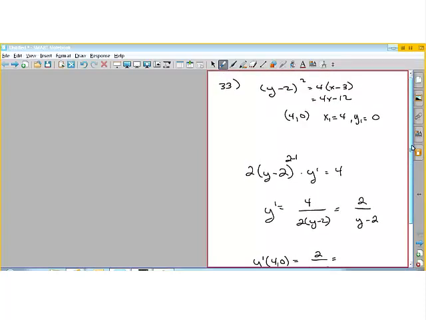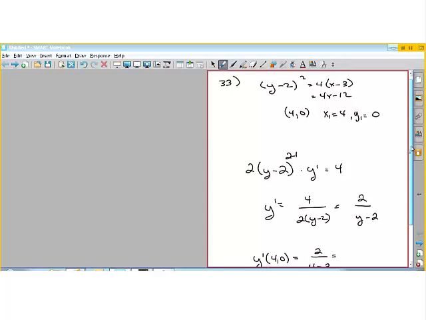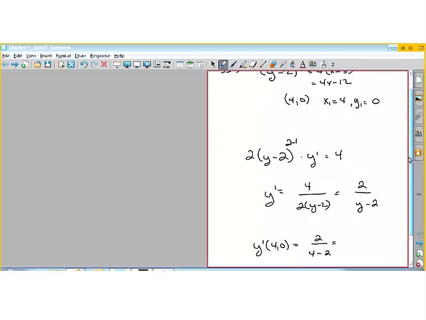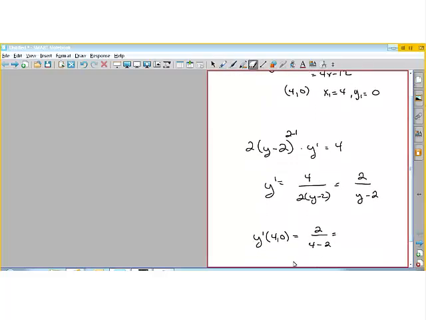Why am I thinking this is a problem? Because I'm thinking that I should have a negative slope at that point. So I'm doing something wrong. Oh, because I plugged x in. That's why it didn't work. Okay, y is 0, not x is 0. So 2 divided by y, which is 0 minus 2. 2 over -2 is -1. So that's what I was expecting.